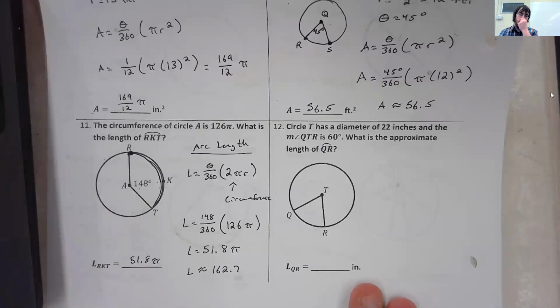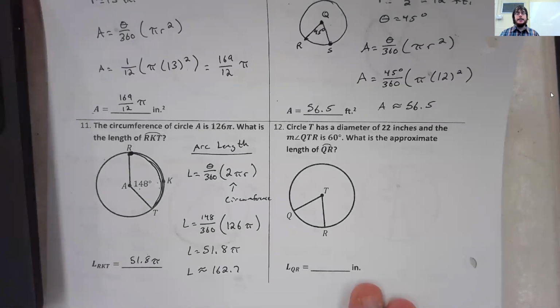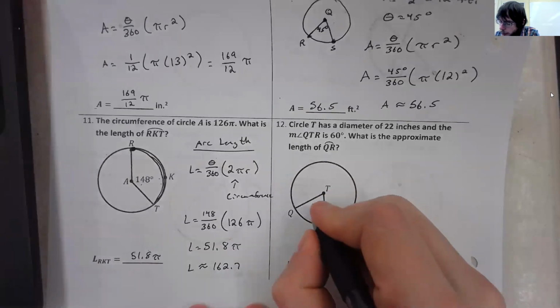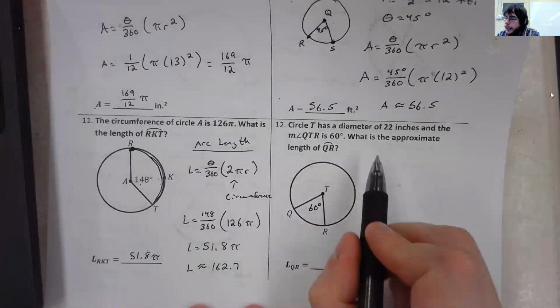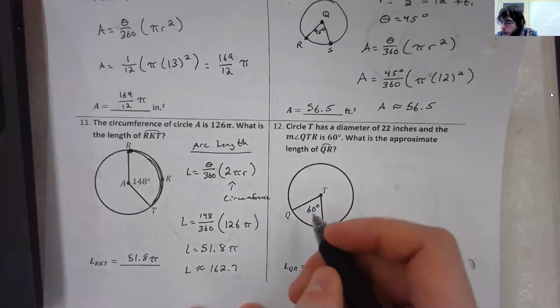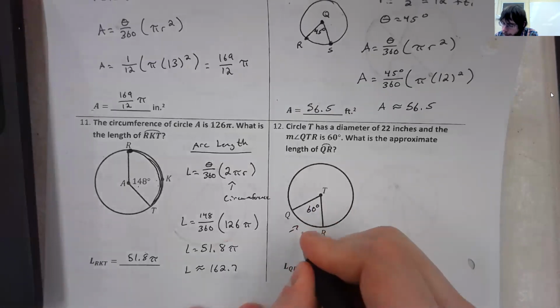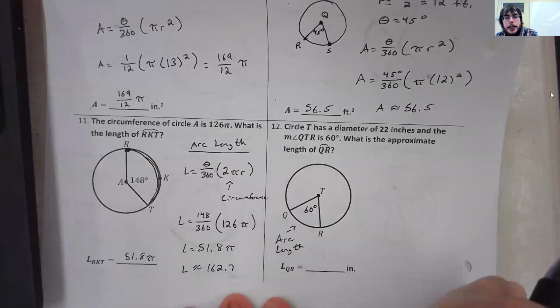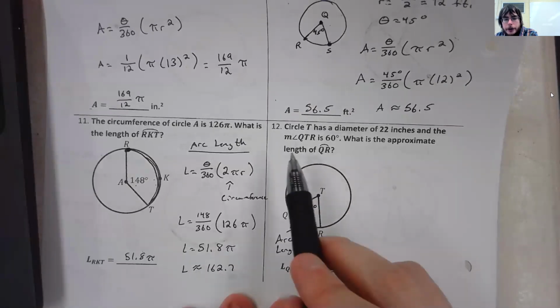So let's look at number 12. Circle T has a diameter of 22 inches and the measure of angle QTR is 60 degrees. So I'm going to go ahead and put that in there. What is the approximate length of arc QR? So we're looking for arc length. So we need our theta and we need our radius. Well, our theta is easy.